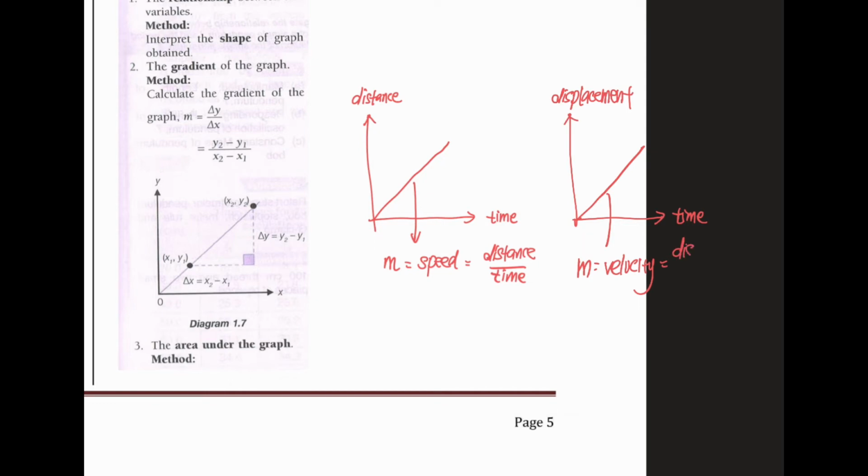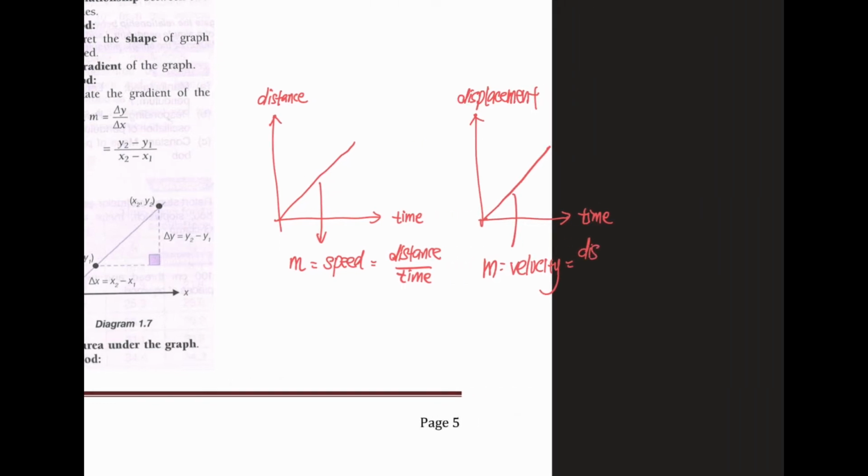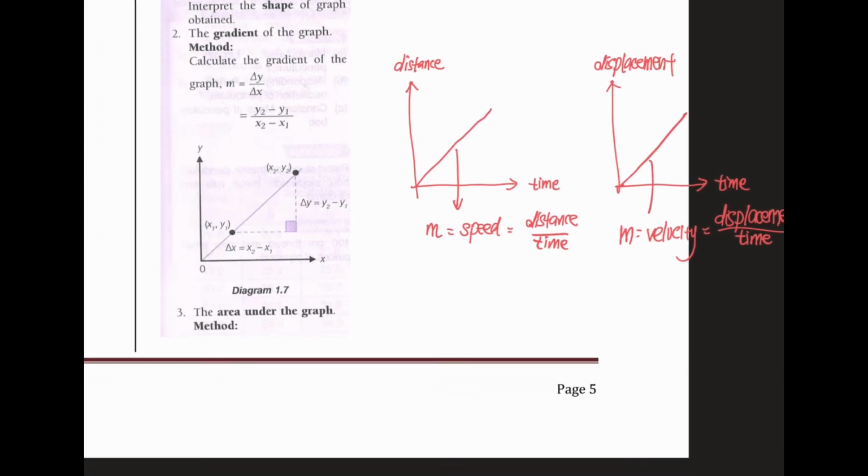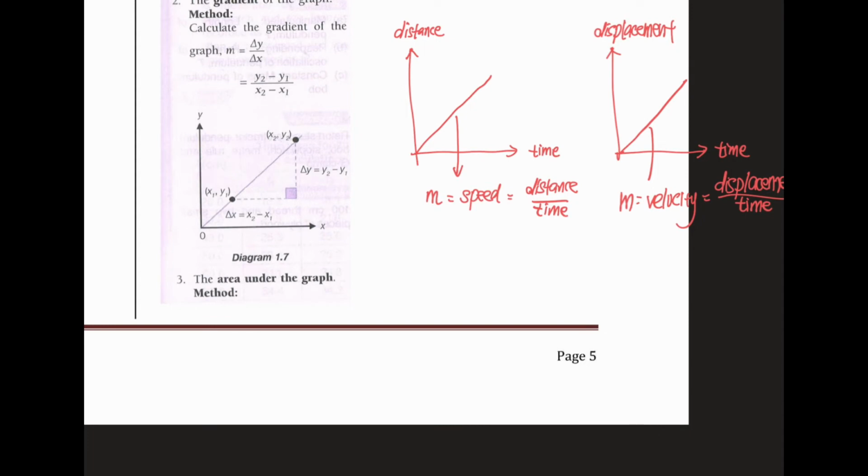Because like what I said, you take the quantity on the y-axis, displacement, divide by time. Displacement over time is velocity. So the gradient means something. Now the next one, the area under the graph. Area under the graph means something also.